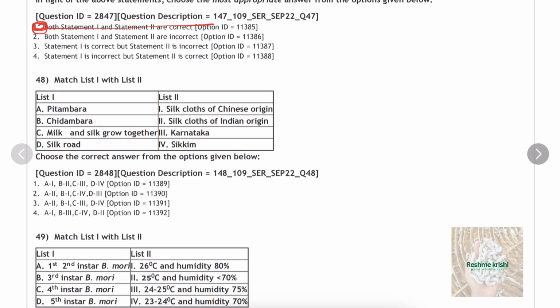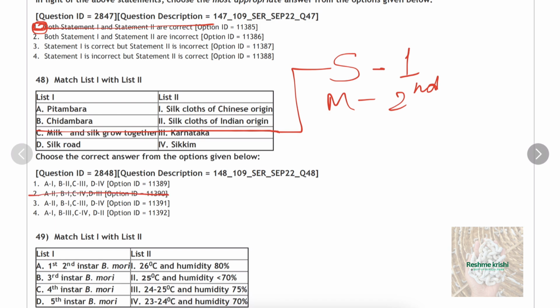Option A. Okay, Pitambara, Chidambara, milk and silk grow together, Silk Road. If you have seen my previous video, we have discussed that milk and silk grow together in Karnataka, because silk Karnataka is in the first, milk Karnataka is in the second. So milk and silk grow together, C3. Cut these two options.